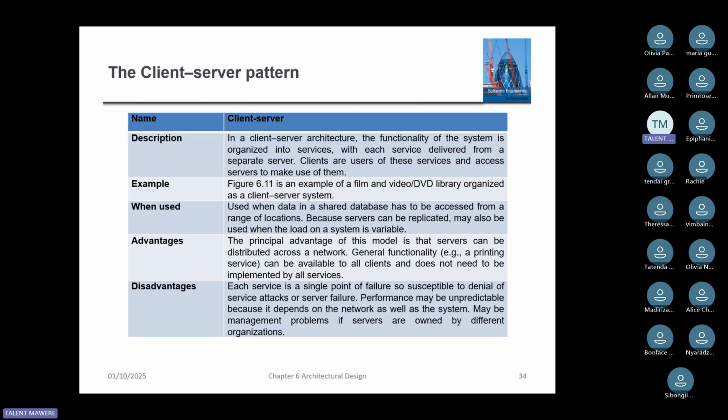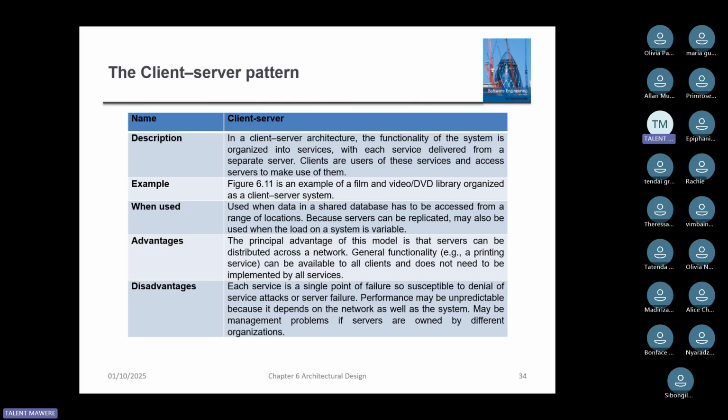When do we normally use the client-server? When data in a shared database has to be accessed from a range of locations. Because servers can be replicated, this may allow the load to be spread on various systems. The advantages are that the model can be distributed across a network.